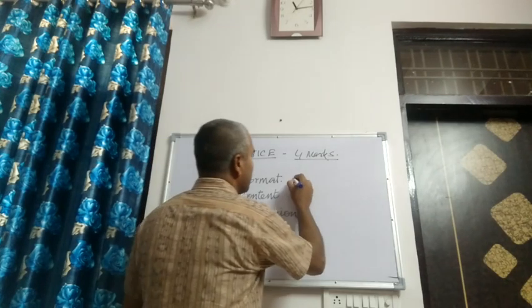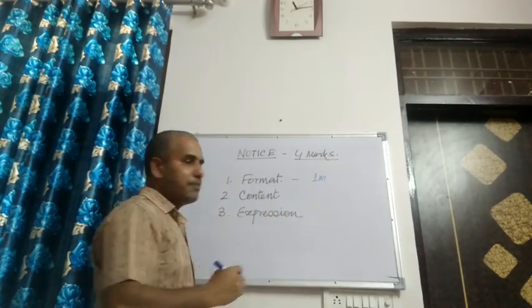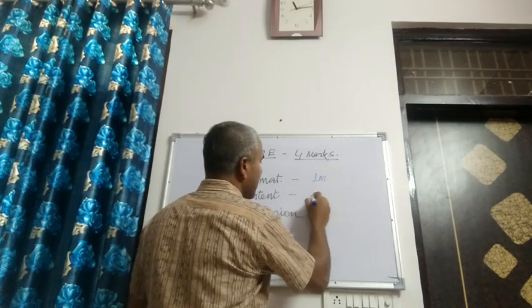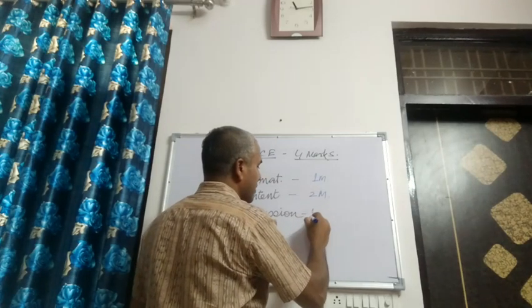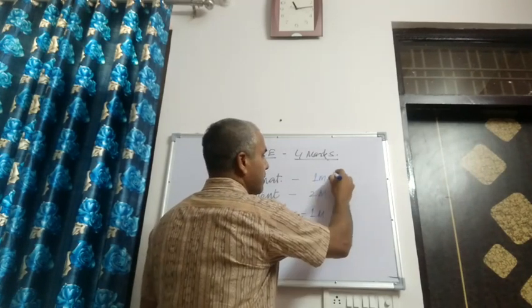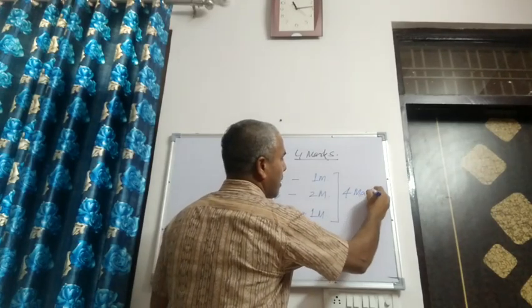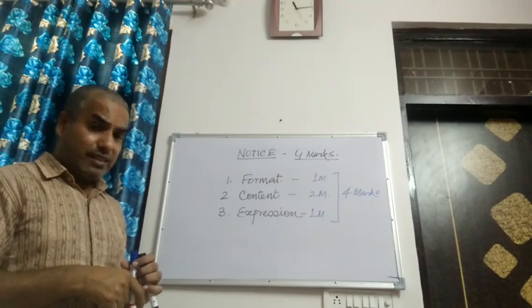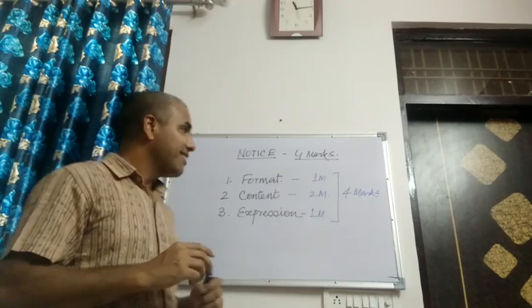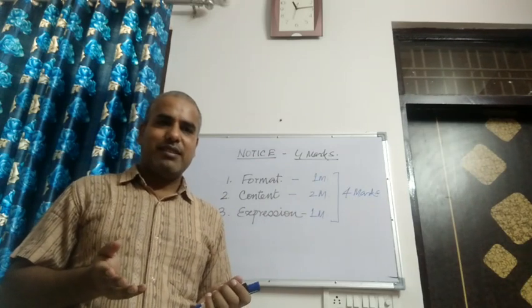Format carries 1 mark. Content carries 2 marks. And expression carries 1 mark. In total, 4 marks. Let us understand these terms. Format is the complete layout of your notice.